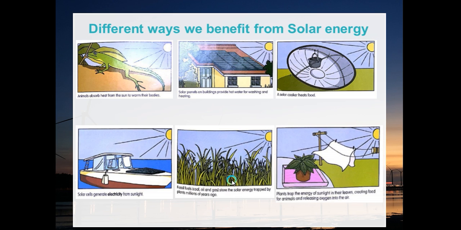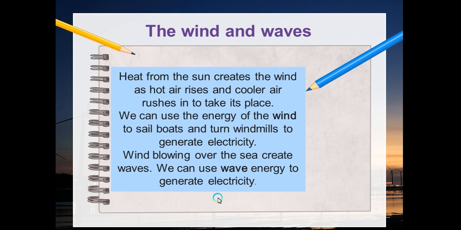Animals eat plants, also getting their energy from the plants. So here is another one. The plants trap the energy of sunlight in their leaves, creating food for animals and releasing oxygen into the air. That was what I first explained earlier.